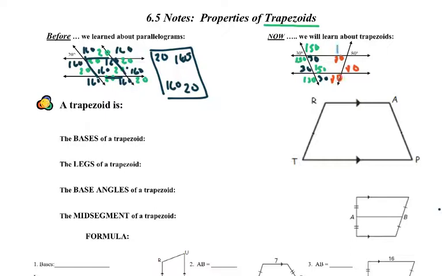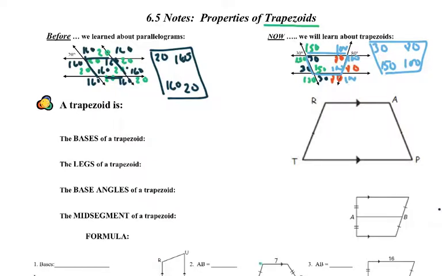What goes with the 80? 100, 100, 100, 100, right? So if I look in the middle here, I get this trapezoid, and if I blow that up big, it had a 150 and a 30 and an 80 and a 100. So it's quite different than the parallelogram. We'll get more into it, but that's the basic gist.